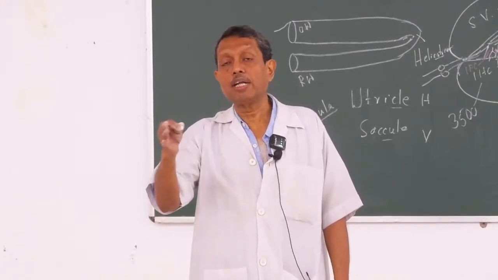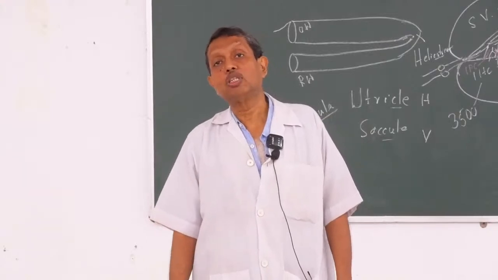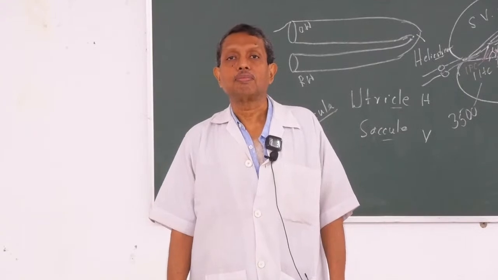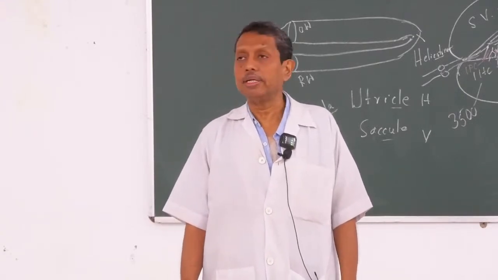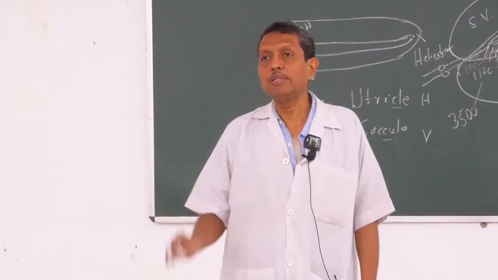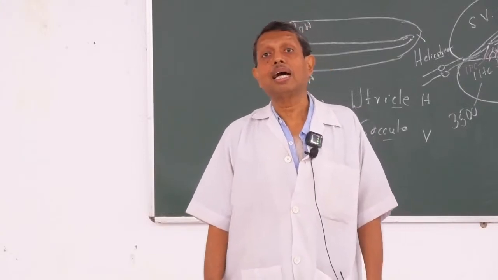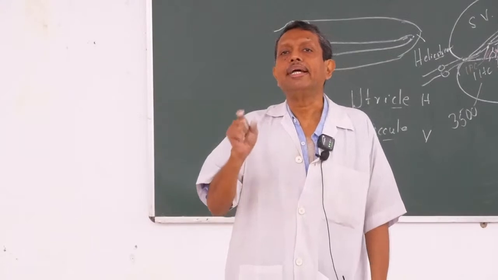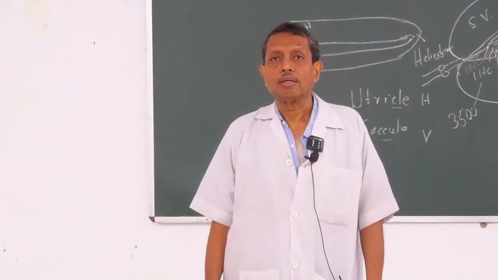When it is towards the ampullary or medial side, then there is stimulation. When it is opposite to that, that is inhibition. Suppose when I am moving in this way, one side becomes activated and the other side gets inhibited. In this way, they give information.